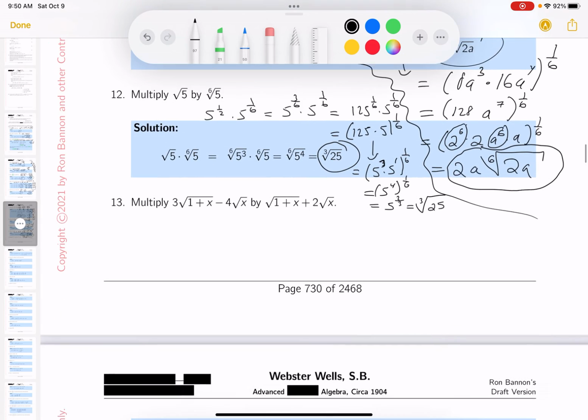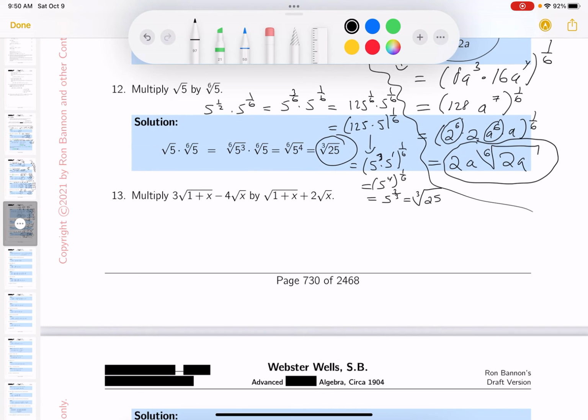All right. Now this one here, it says multiply, and I'm hoping I can do that. I'll write it down for you. So this is going to be 3 root of 1 plus x minus 4 root x, times the root of 1 plus x plus 2 root x.